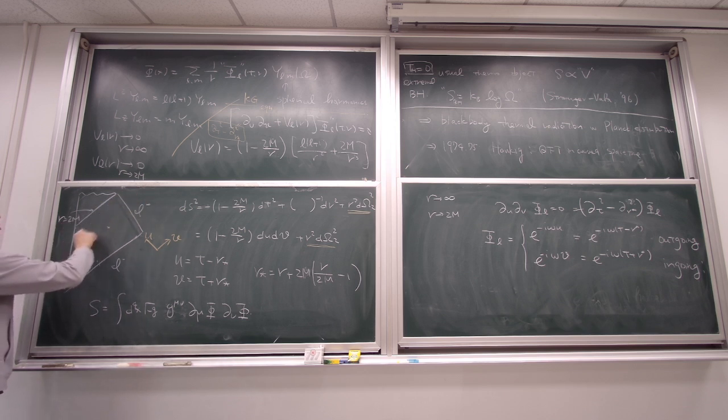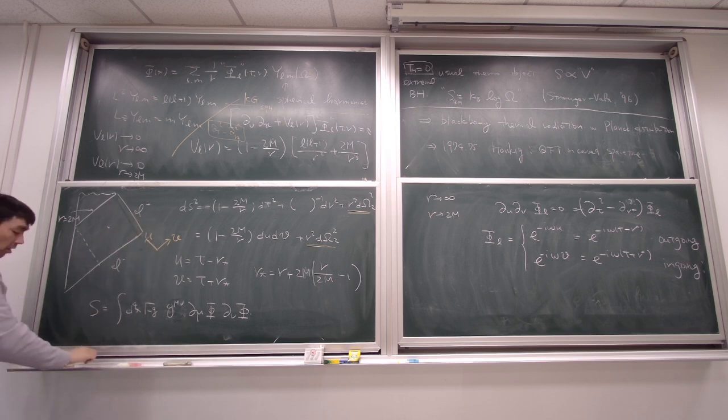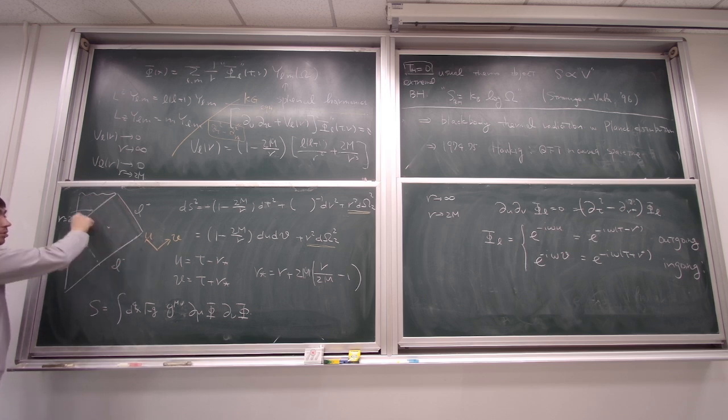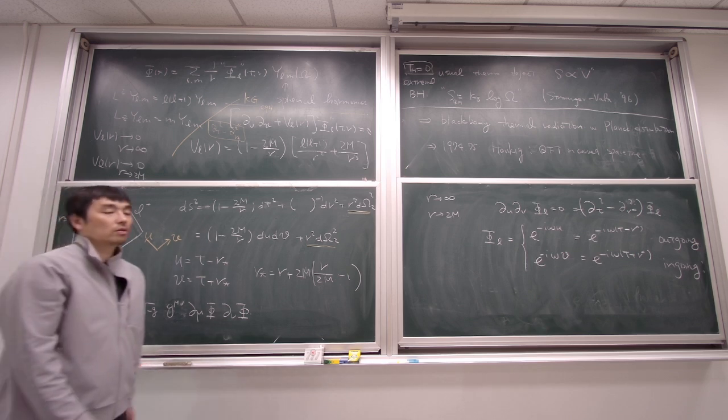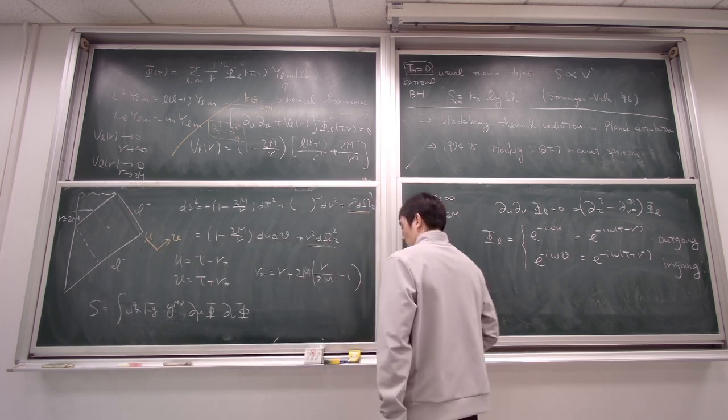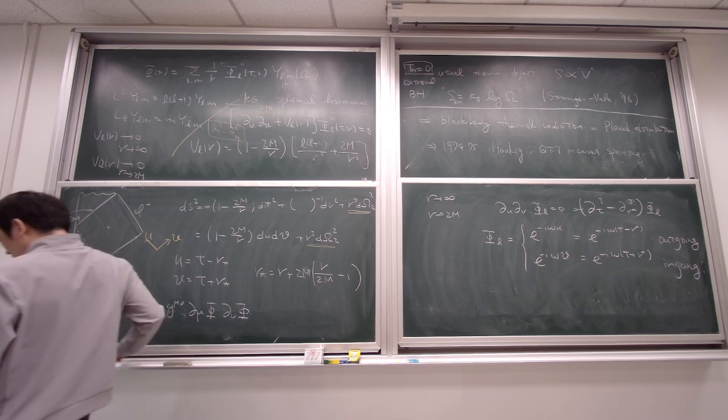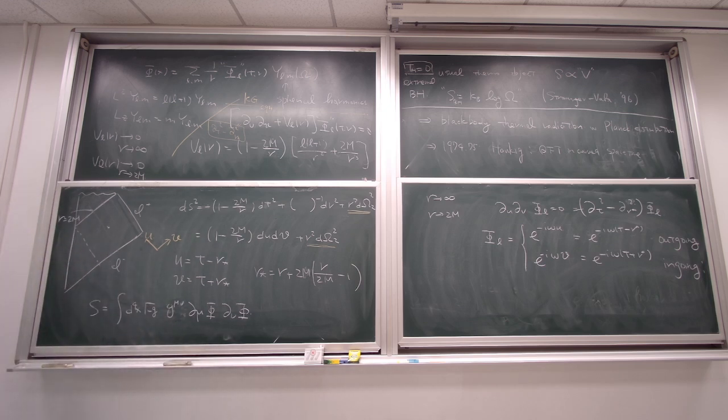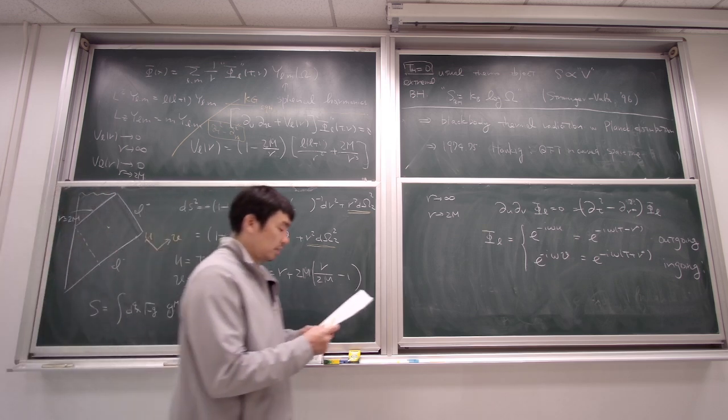These are the u-constant directions, and the v-constant direction is this direction. These are the v-constant directions. So therefore, this assignment is okay.